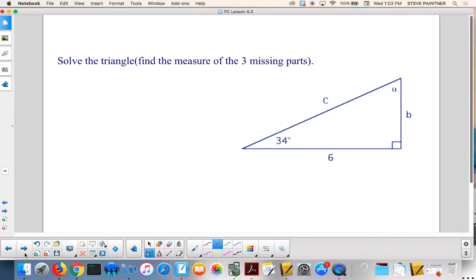Go. Solve this triangle, get all the missing parts. The missing parts are angle alpha. What else is missing? Side B and side C. Alpha's the easy one, by the way.